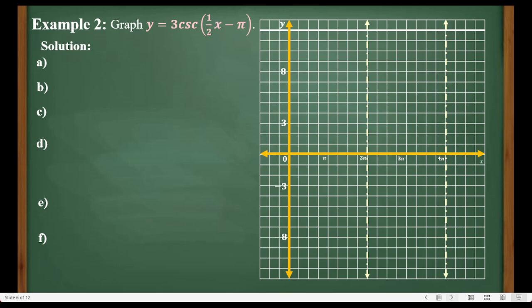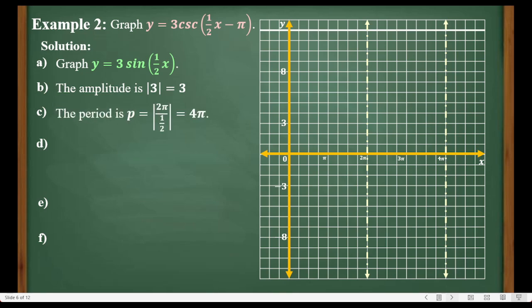Of course, we need to graph y equals 3 sine of 1 half x, the mother function, at the same time. Then we determine the amplitude, which is 3, and the period is 2 pi over 1 half, or 4 pi. And the phase shift is determined by this formula.